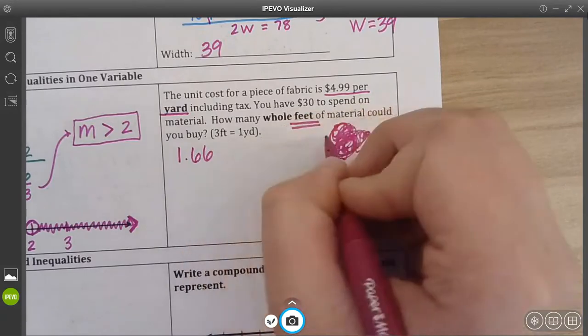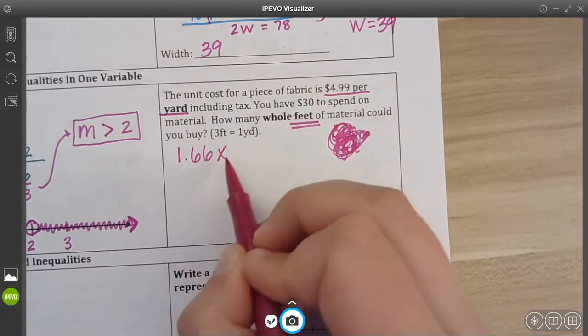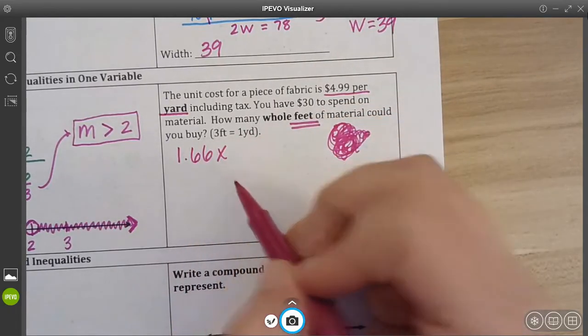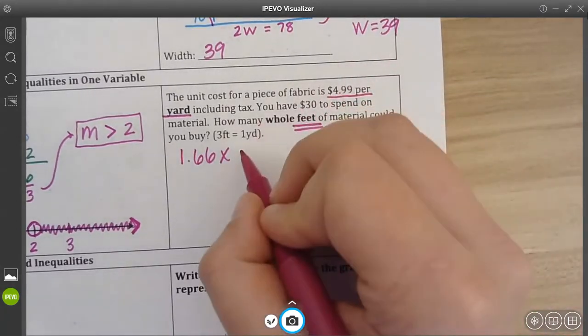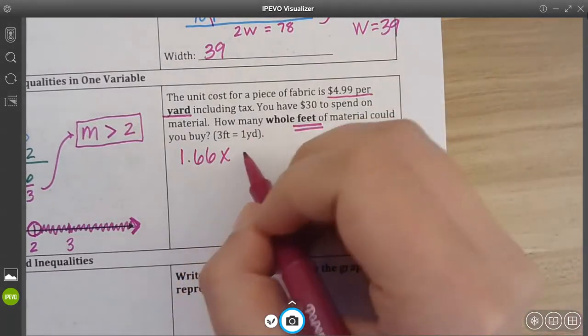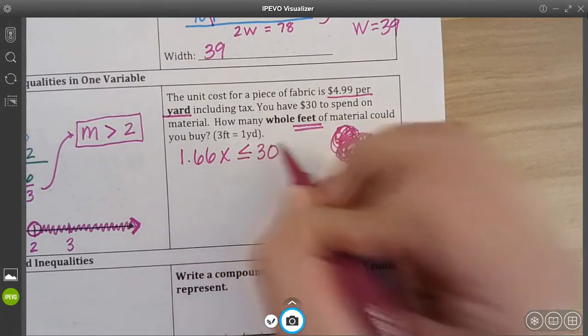I'm going to call how many feet I'm going to buy X. And this cannot be greater than $30 because I don't have any more than $30, but it can be equal to 30. So this is going to have to be less than or equal to $30.